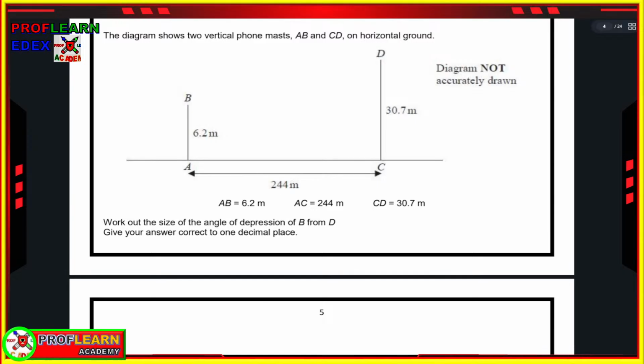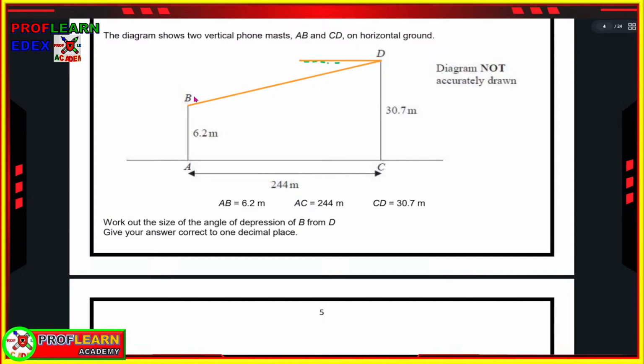Angle of depression of B from D. So if we join a straight line from here, I can say this is going to be like that.